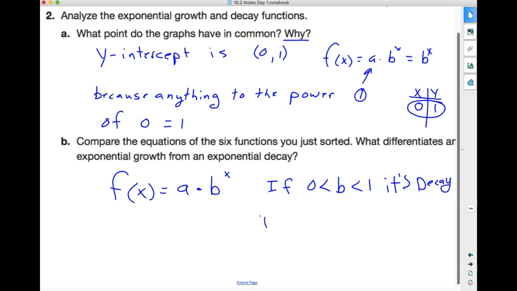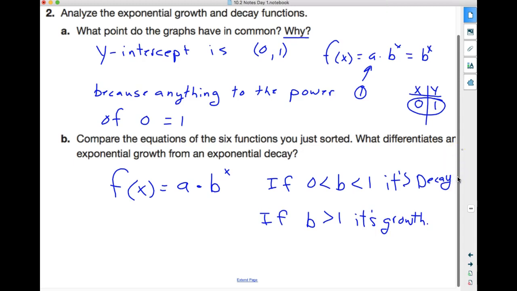Okay? If b is greater than 1, it's growth. Okay, so you should always be able to look at your exponential functions and say, hey, growth or decay, and figure those out really quick.